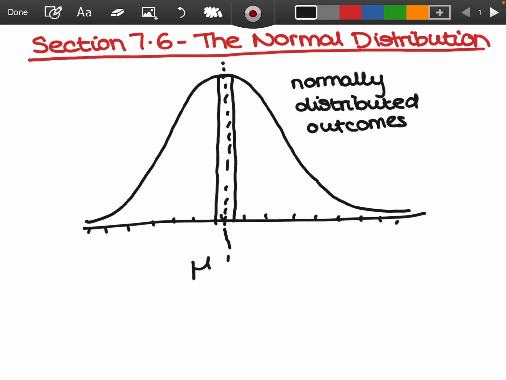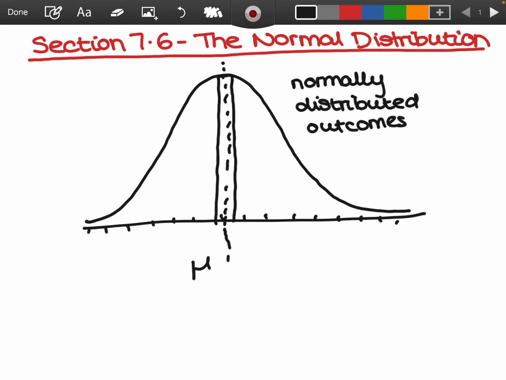So whatever your central line that this curve is symmetric about is not only your median, it's also the mean. And it is also actually, if you have done this before, it's also the mode, because it's going to be the most common point, the most frequent outcome. So for normal distribution, you will find that the mean equals the median equals the mode.